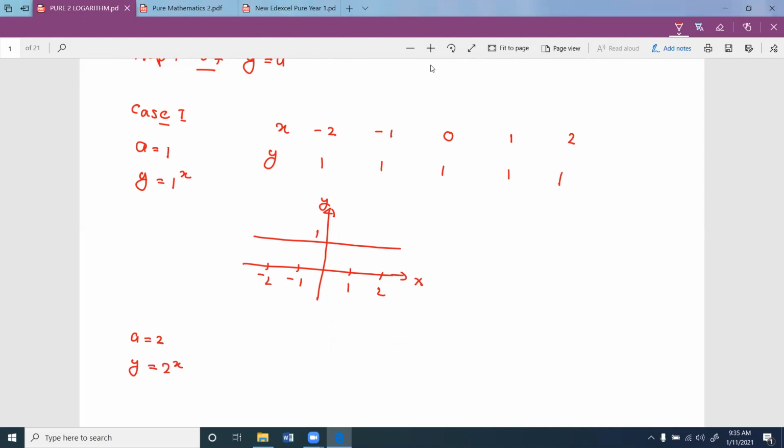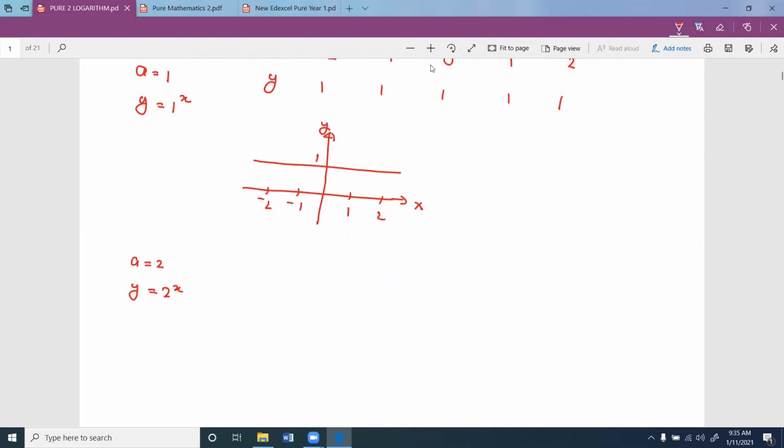The 2 to the power x graph, right? Then we take the same information as in the previous case: x values -2, -1, 0, 1, and 2. Then the y values.